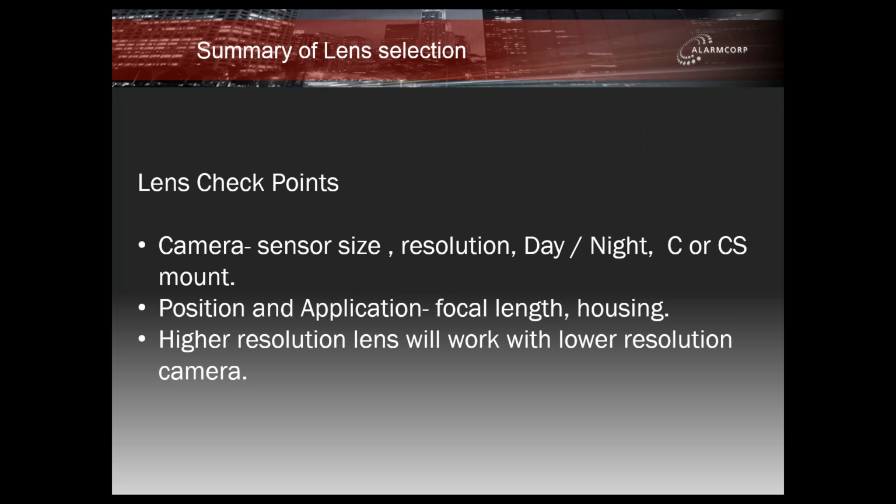And the last point we'd like to make is that a higher resolution lens will always work with a lower resolution camera. The limitation is that a higher resolution lens will always be a lot more expensive than a lower resolution lens. Thank you. Okay. Thanks, Chris.